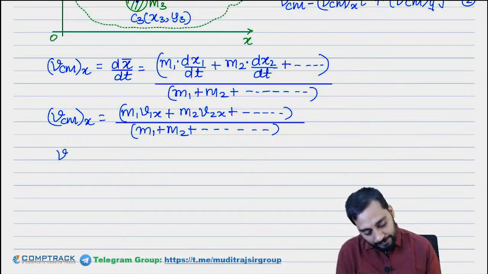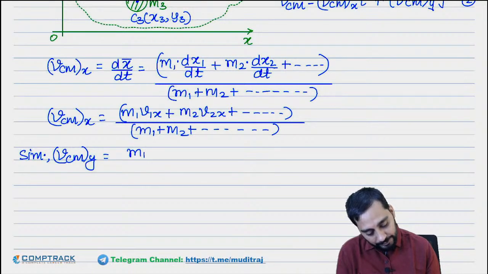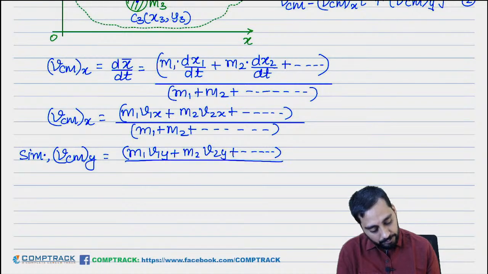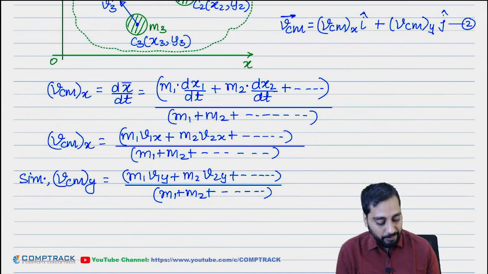Similarly, you can find the y component of the velocity of the center of mass: m1 v1y plus m2 v2y, over m1 plus m2 plus so on.